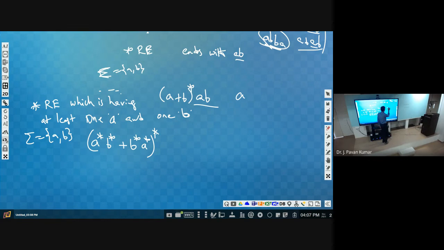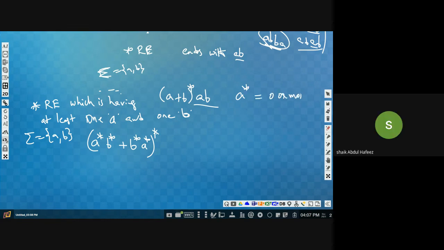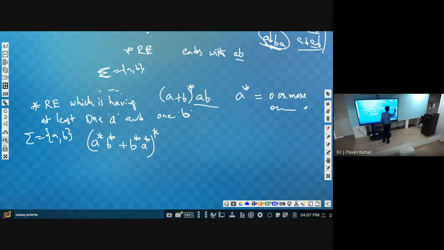A star means zero or more occurrences of A. Similarly, A plus means one or more occurrences of A, whereas A star means zero or more occurrences. This you note down.